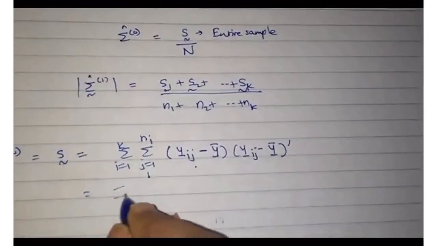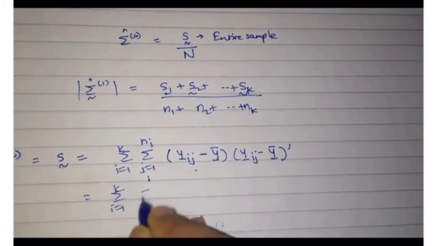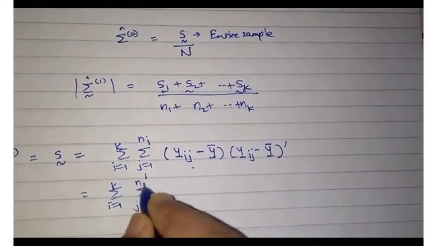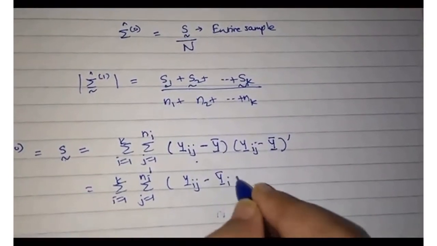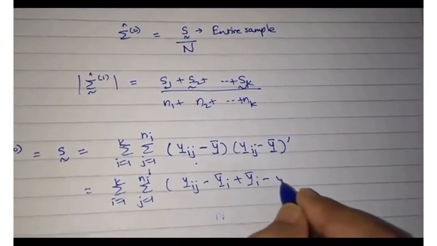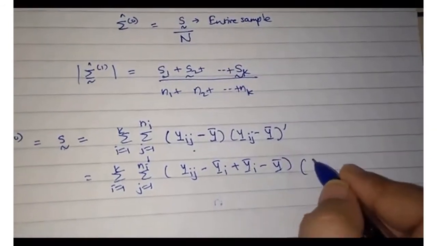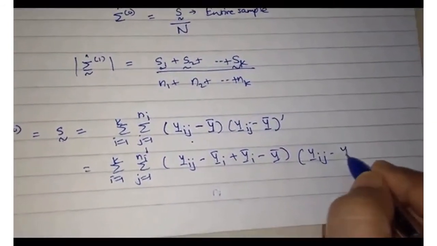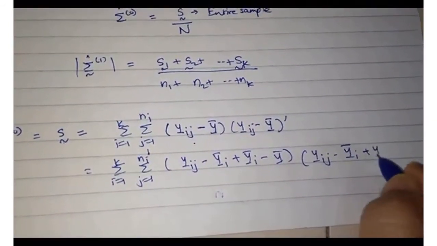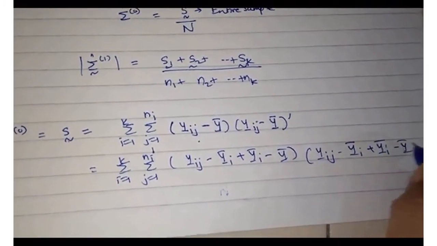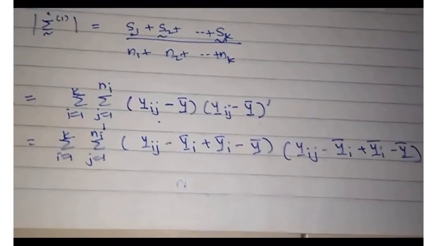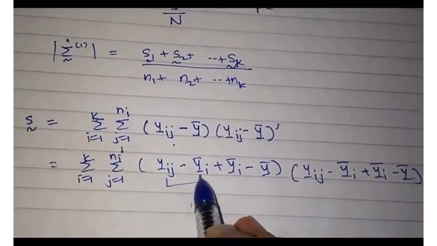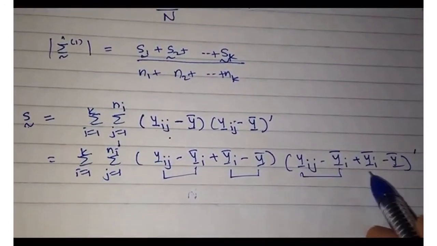Now here I can bring in the group means. So I can write Yij minus Yi bar plus Yi bar minus Y bar, and similarly (Yij minus Yi bar plus Yi bar minus Y bar) whole prime. We have done this many times. We will treat this as first term, second term, third term, fourth term.